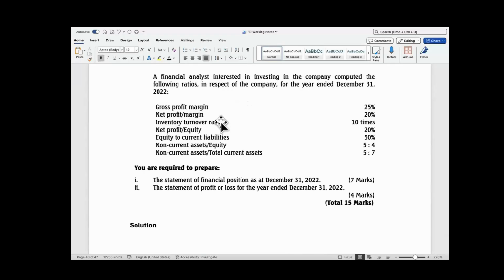Then net profit to equity, equity to current liabilities, non-current assets to equity. Okay, I can easily get equity from here first. I can get a lot. So let me start with my workings.